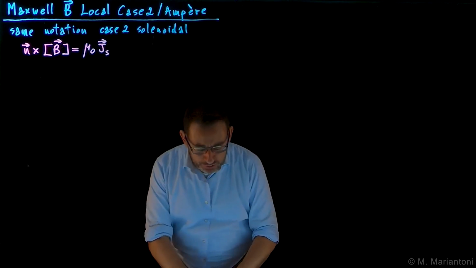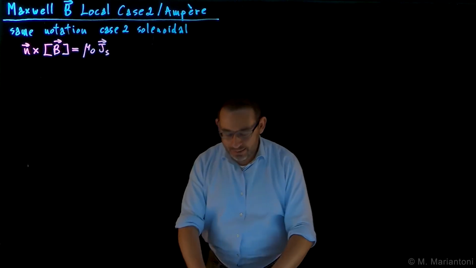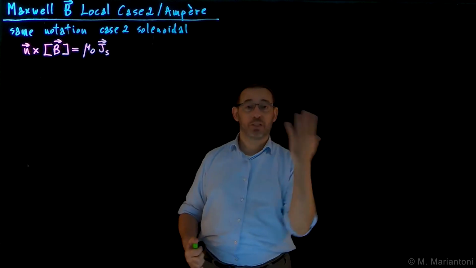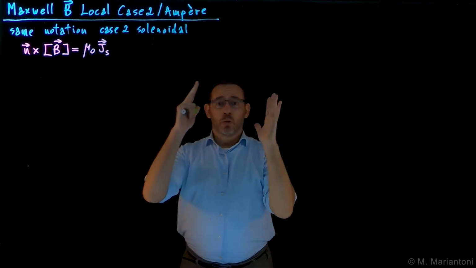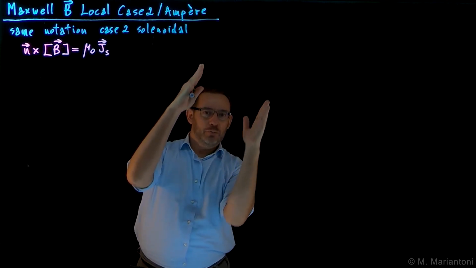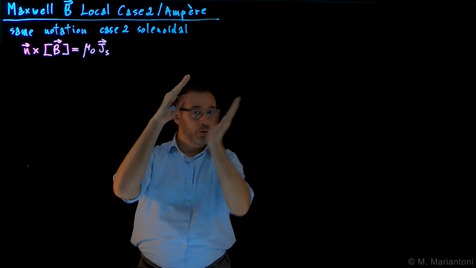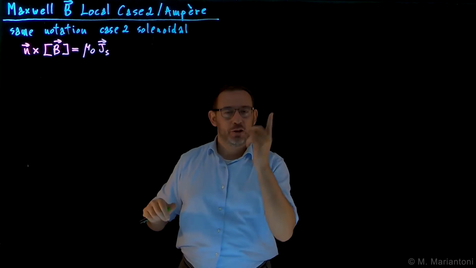Alright, so to understand this, which again is quite complicated, let's focus one more time on exactly the same point, capital P, we considered in the previous case. I remind you that in case 2 solenoidal, we had a cylinder, and I sketched in these directions the z-axis of the so-called local Cartesian coordinate system. In that example, I only sketched the z-axis.